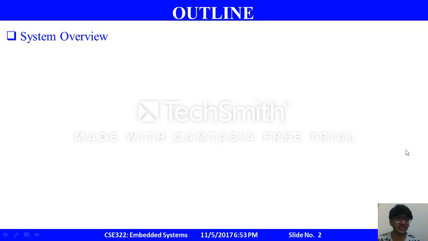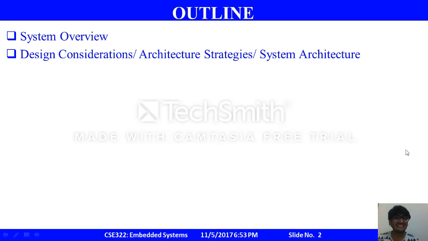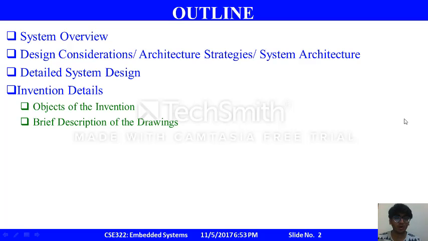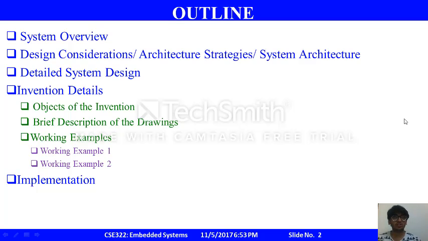The outline of the project includes a system overview, design considerations, architecture strategies, system architecture, a detailed system design, and invention details, which includes the objects of invention, a brief description of the drawings, and a few working examples. There is also implementation shown in the project, which includes a copy of the pseudocode.